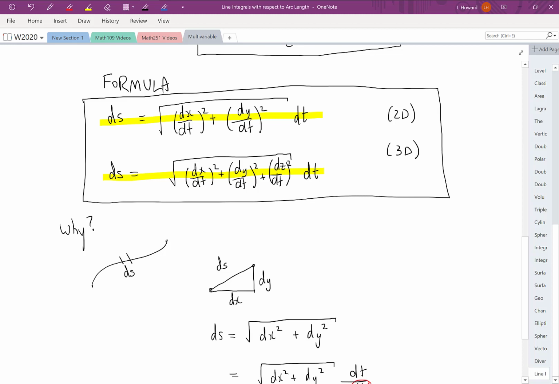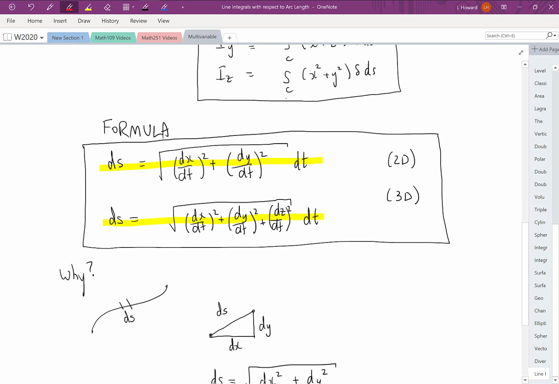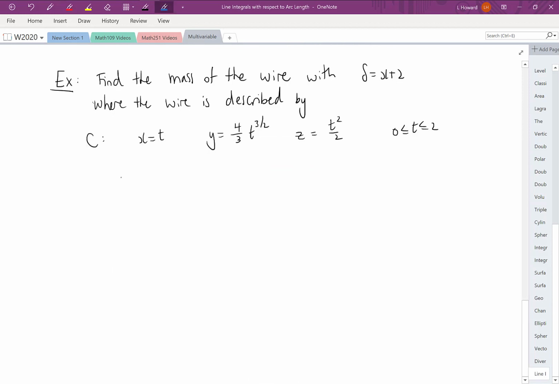So anytime we see these integrals where we say we're integrating along C, just picture a curve, could be in 2D or 3D. So here's an example of how we compute a line integral with respect to arc length. What we want to do in this example is find the mass of the wire with given density function, where the wire is described by the following curve.